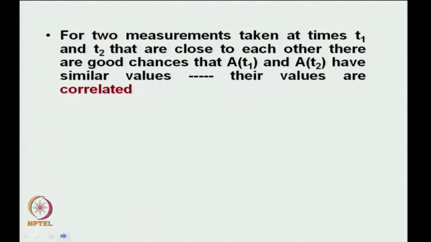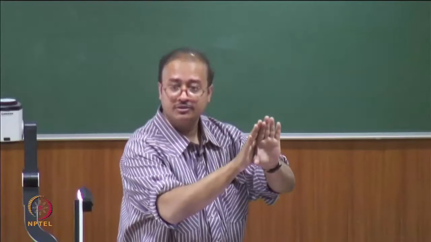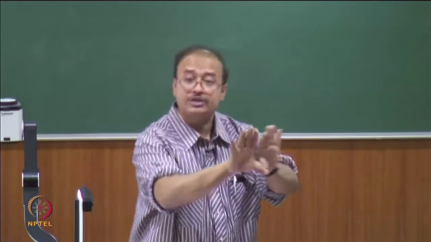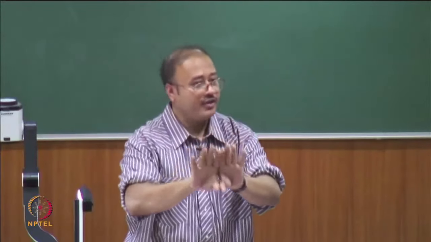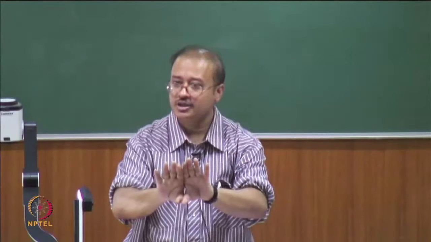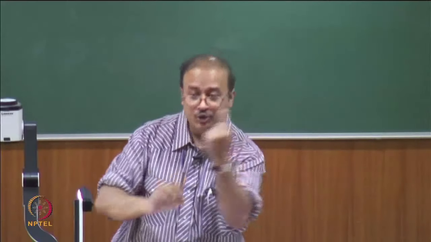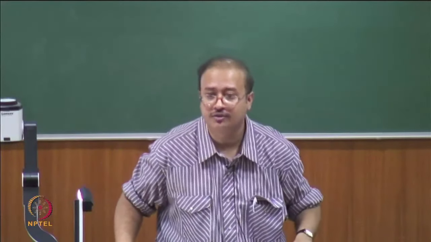Think about this: for two measurements taken at times t1 and t2 that are very close to each other, I take a measurement at time t1 and instantly I take a measurement at time t2. These two are very close, are they not? If they are very close, then these two values would be very similar to each other, because t2 is not equal to t1 but is very, very close to t1.